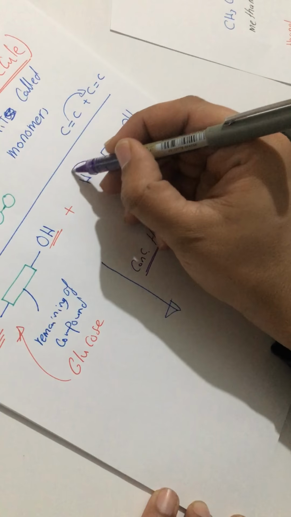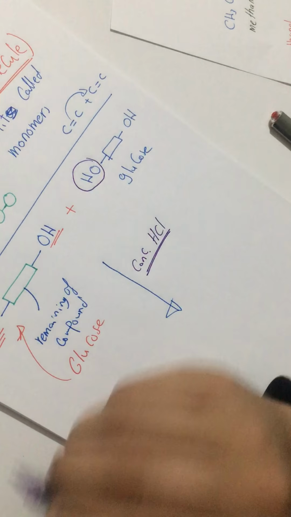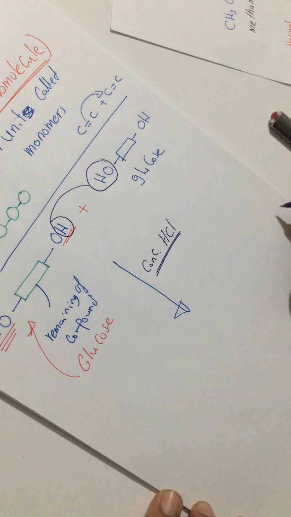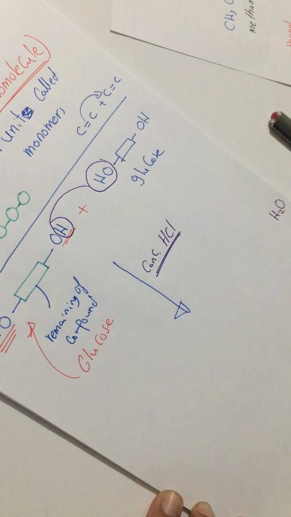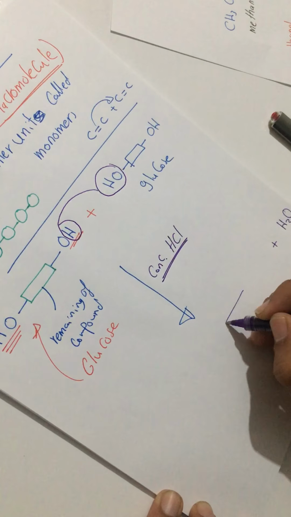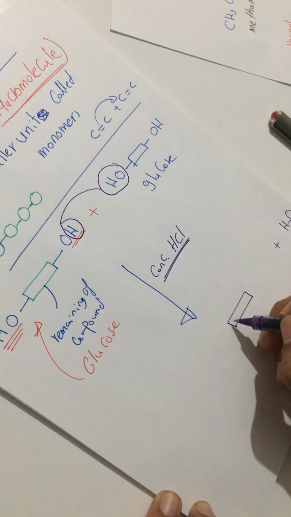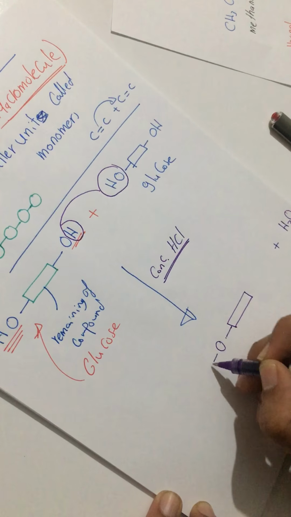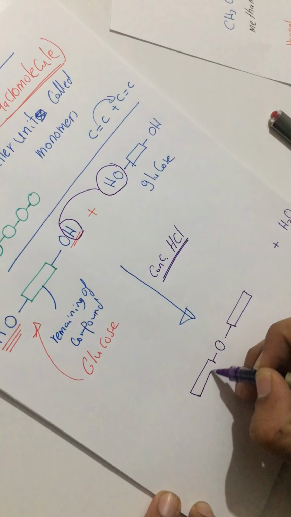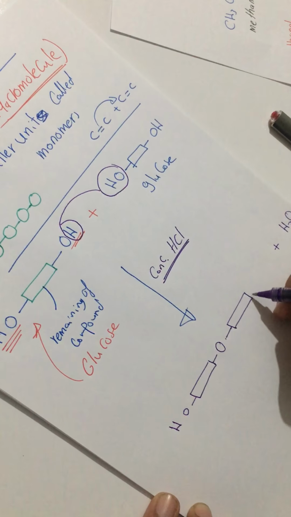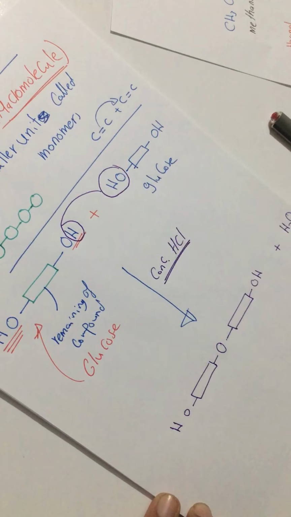I'm going to take OH from one unit and H from the other unit in order to form water. And I'm going to write the remaining parts of the molecule. We have here 2 units. In between them, we have an oxygen atom. And we still have OH here and OH here.